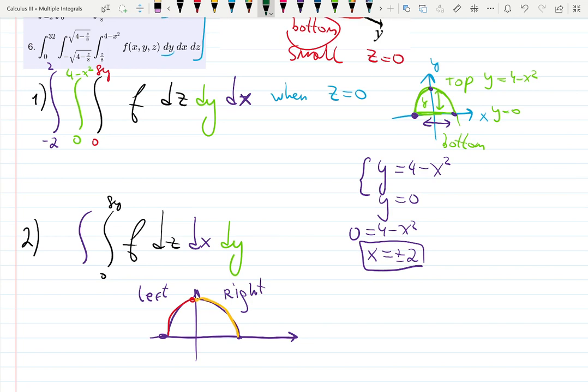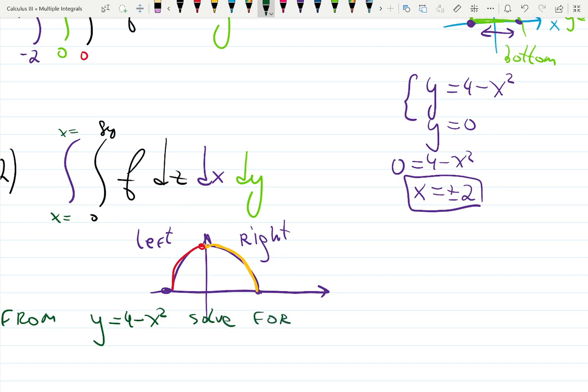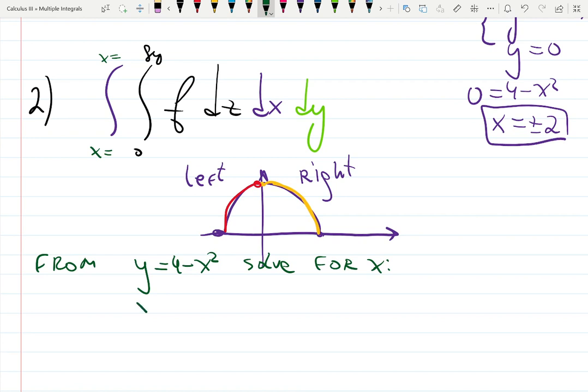Let's see. From the equation y equals 4 minus x squared, we need to have x equals something. So let's solve for x. And this is why we don't have a unique answer, because x squared equals 4 minus y.